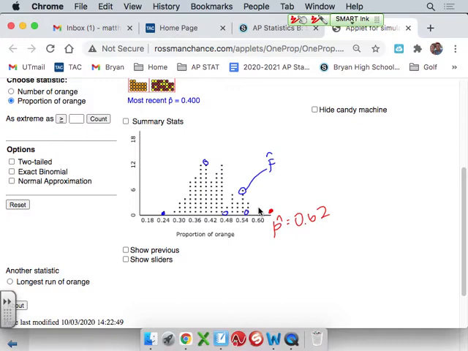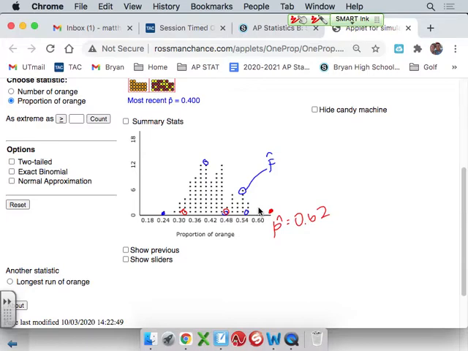Was my package weird? In this case, my package would be super weird if I got 62% orange. But if I got a package that was 48% orange, maybe that's not as weird. Or if I felt like I got gypped and only 32% of them were orange, that could happen by chance. So I can run a simulation.